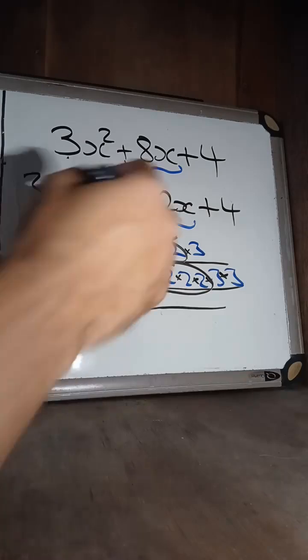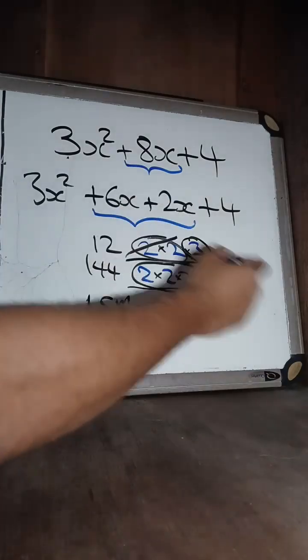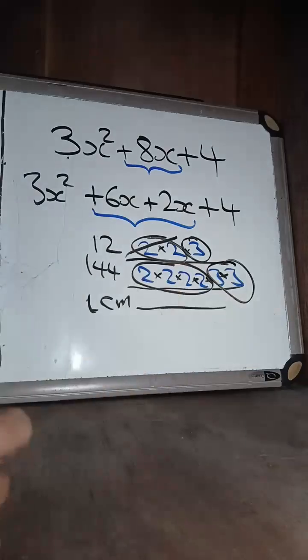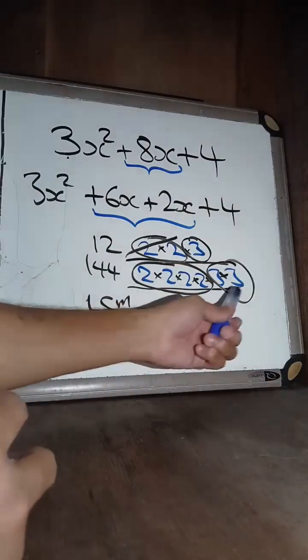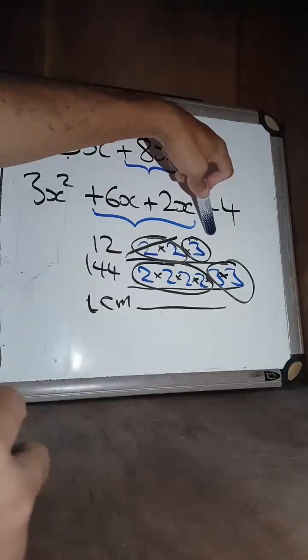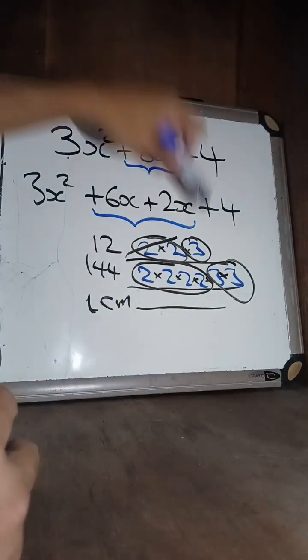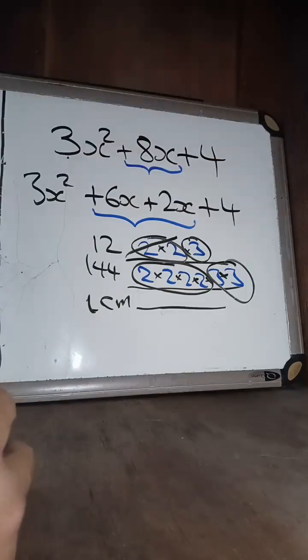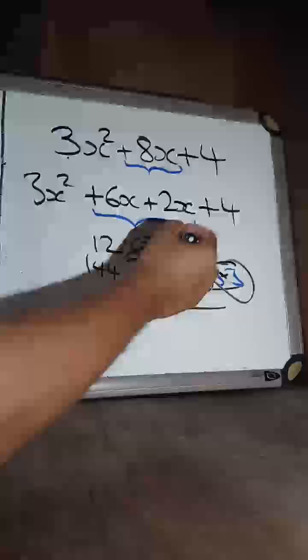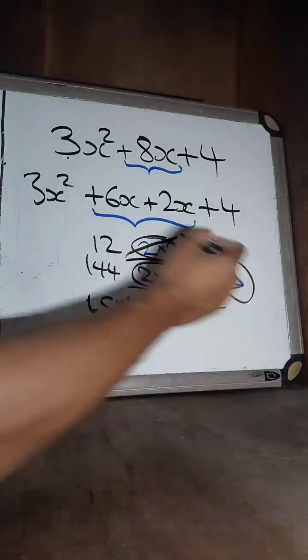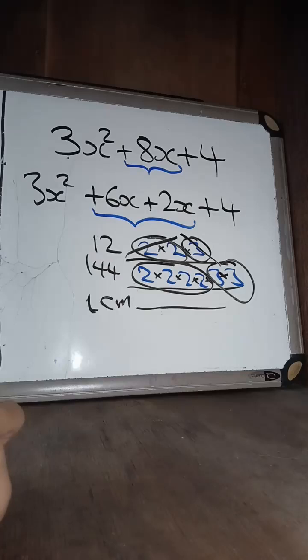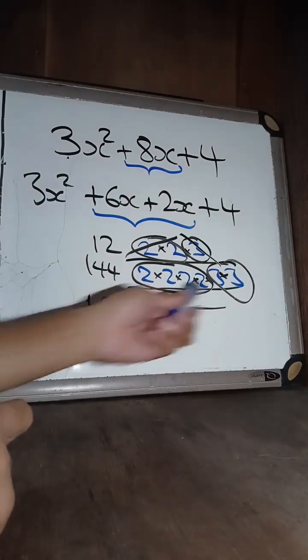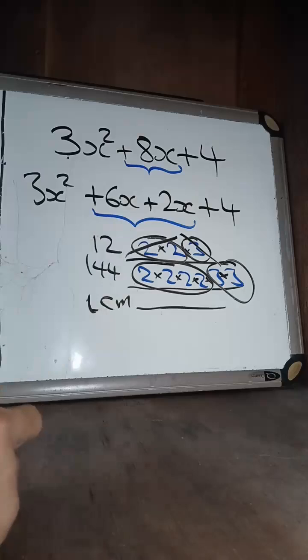So now let's go again. Let's circle that and circle this. Well, we have a house here and a room right here. This room is already in the house, so we don't really need this. So just like that, everything that we have circled now is our LCM.